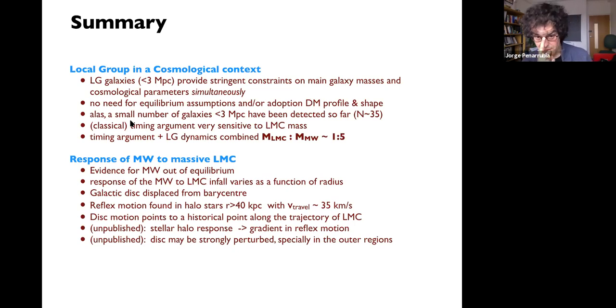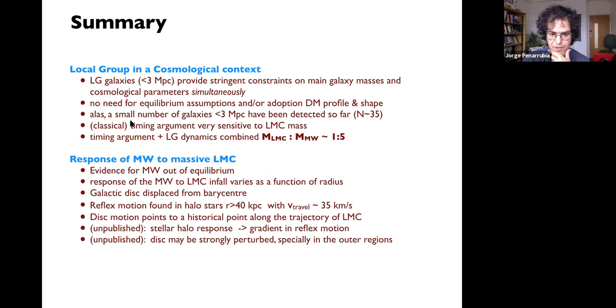Then I showed you that one of the main predictions from models that follow the accretion of the LMC is the displacement of the Milky Way disk from the barycenter of the Milky Way, and that we have found evidence for this being the case, and that the disk motion points to some past point along the trajectory of the LMC.